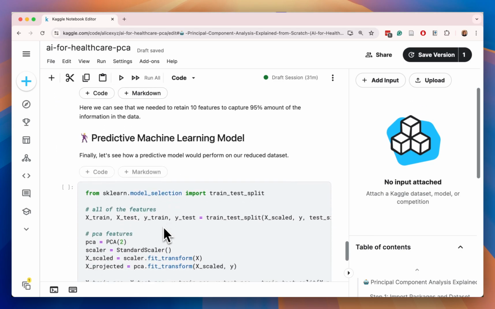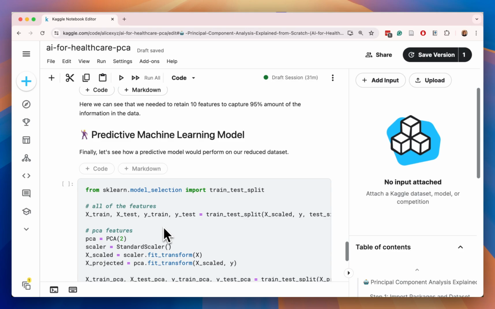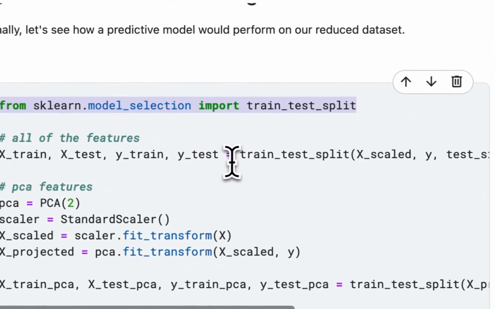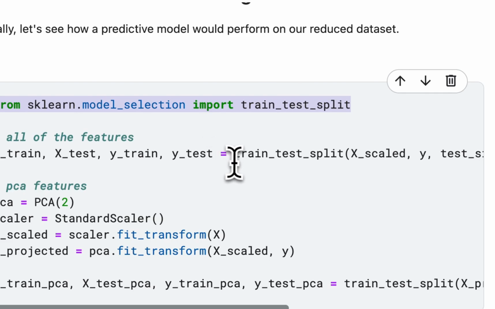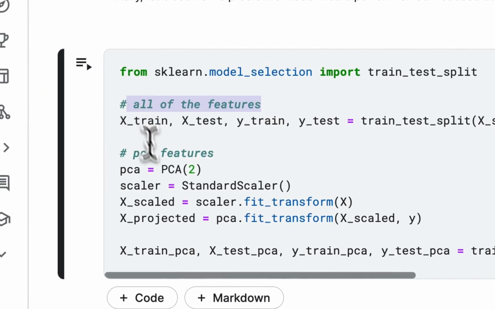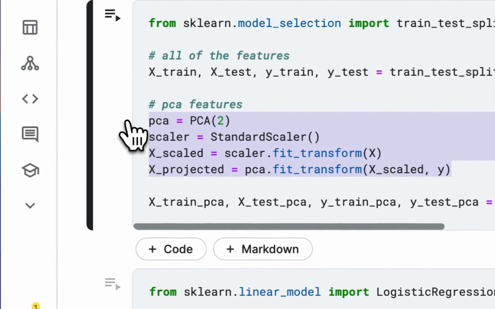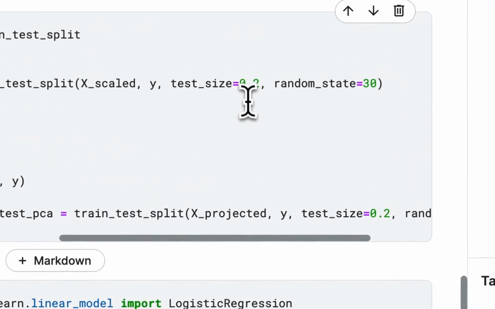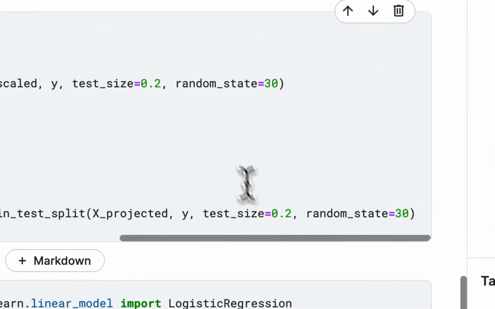And finally, we can see how a predictive model would perform on our reduced dataset. So again, from scikit-learn, we import train_test_split. We then split our original dataset that's scaled, but using all the features. But then again, we're computing the PCA features and splitting that up with a test size of 0.2 and a random state.